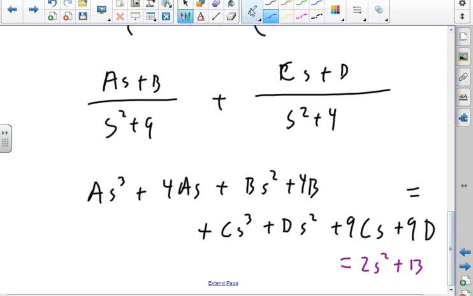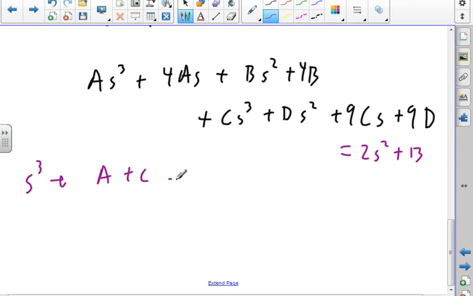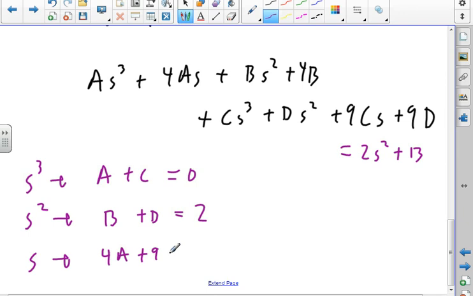Okay. And then this is under a common denominator, but we're going to just skip that part. I'm going to look at the s cubed term, and I have a plus c is 0. I'm going to look at the s squared term, b plus d is 2. I'm going to look at the s term, 4a plus 9c is 0.